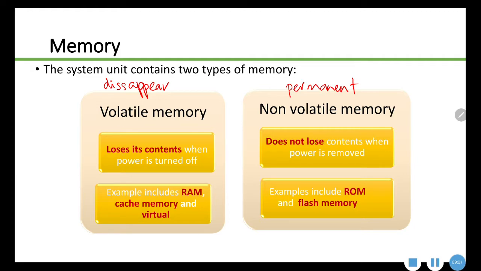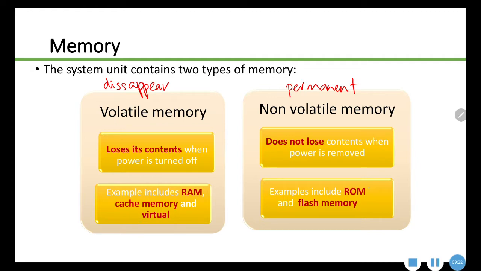So it can lose its contents when the power is turned off. This includes RAM, cache memory, and also virtual memory. But non-volatile memory doesn't lose the content when the power is removed or turned off. Let's say you have a blackout, it will remain in the computer.